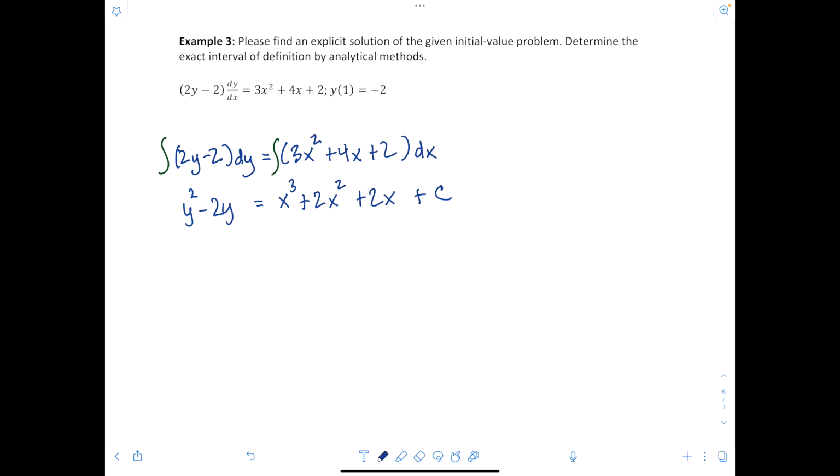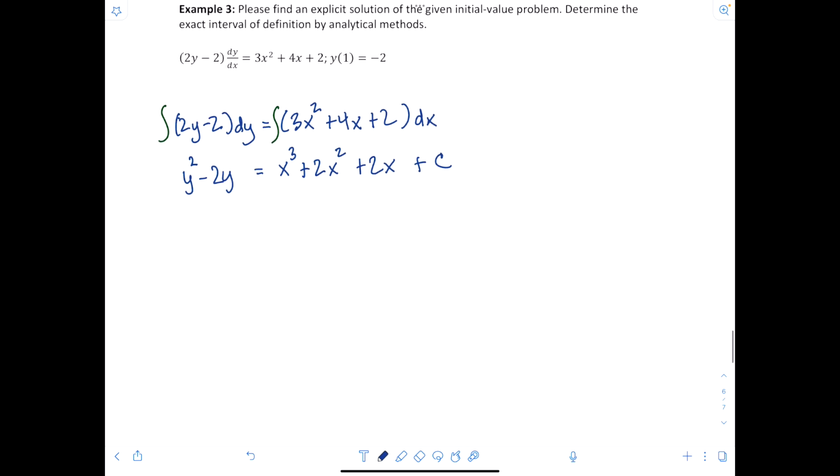And continuing, we want to solve this. So this one, it's implicit right now, okay? In order to get this explicitly in terms of y, we need to complete the square.